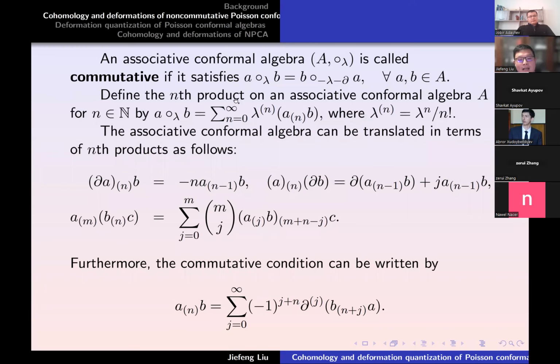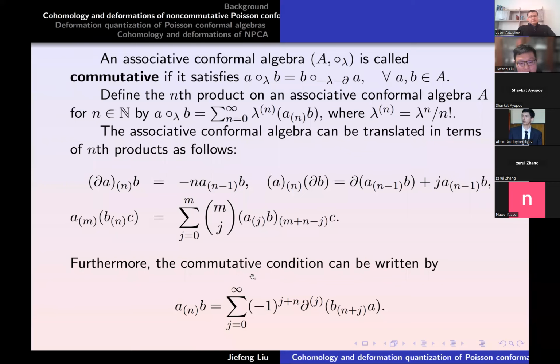Define the n-th product on an associative conformal algebra for any integer n. Define this summation for A circle lambda B. This A circle n B is a map from A cross A to A. Then the associative conformal algebra can be formulated in terms of n-th products as follows.